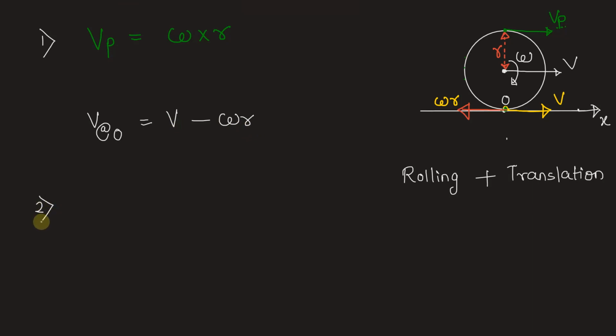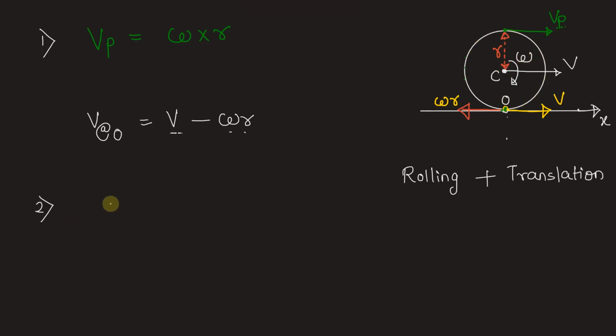Now in the second part, we will have to see how v can be expressed in terms of omega and r. Now, if we use the concept of instantaneous center, O is the instantaneous center. That means velocity at this point, let's mark it C, center point C, can be given as distance from the instantaneous center into the angular velocity of the wheel.